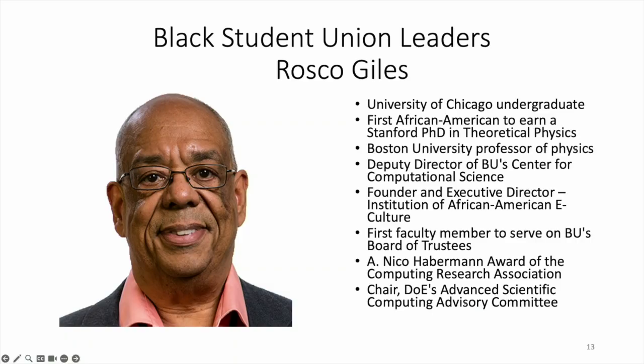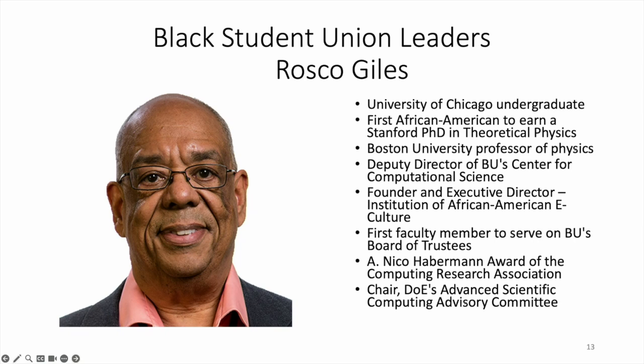Nevertheless, I want to talk about three of the people that I remember best from those discussions. First is Roscoe Giles. Roscoe was chair or leader of the Black Students Union at the time. He was a University of Chicago undergraduate. He was the first African American to earn a Stanford PhD in theoretical physics.